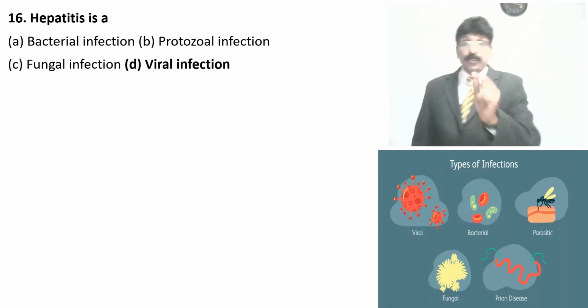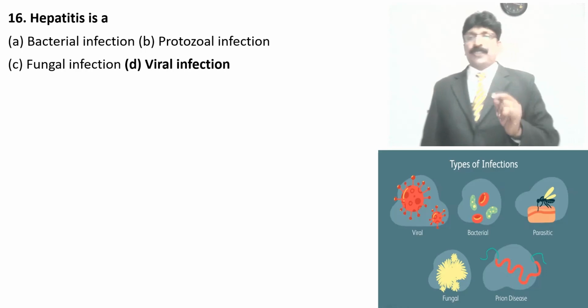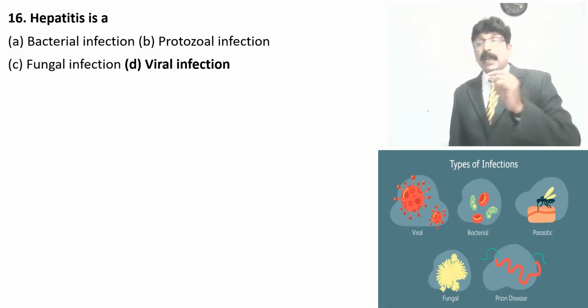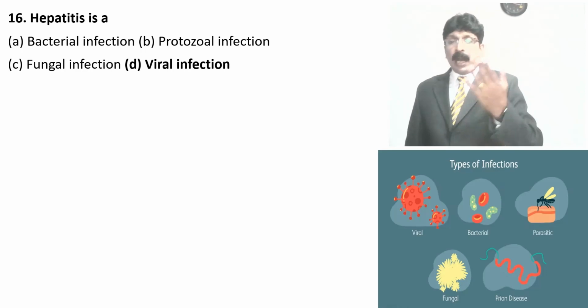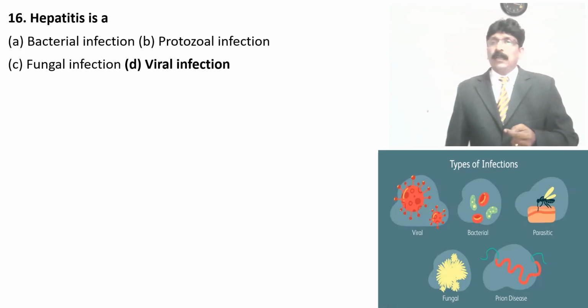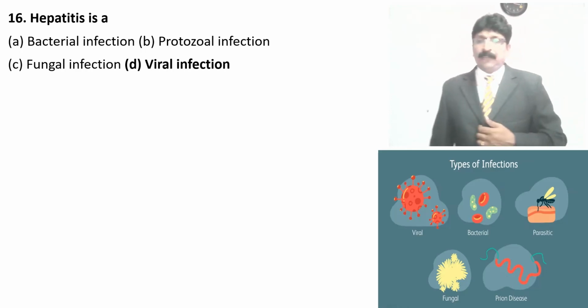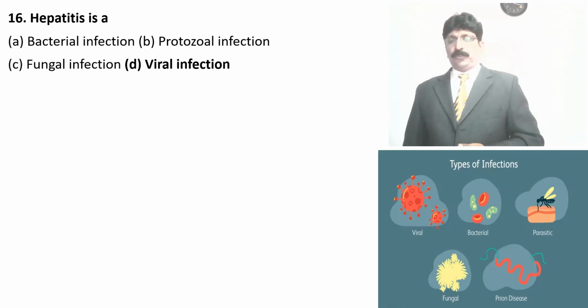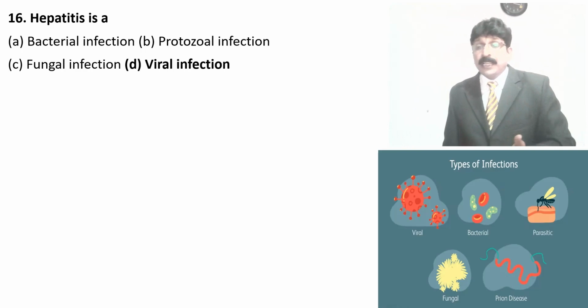You know that bacterial infections can be treated with antibiotics, and parasitic infections come under protozoal infection, like malaria, and also amoebic dysentery. All of them are protozoal infections. For fungal infections, you have to use antifungal drugs. And there is another one, prion disease.